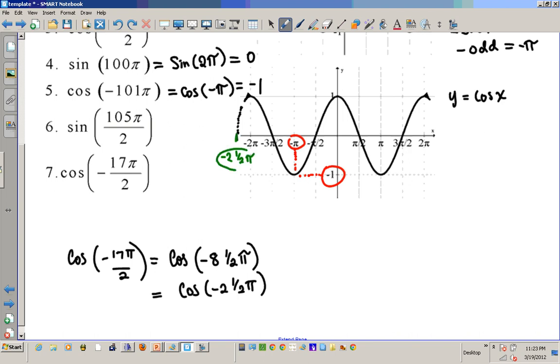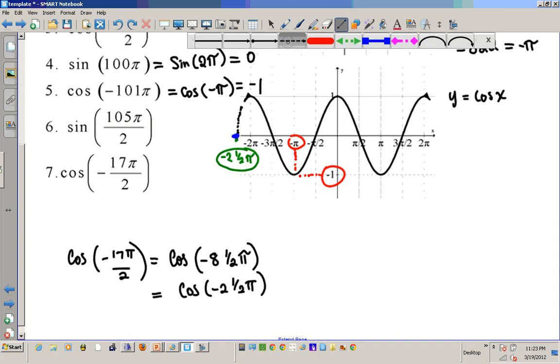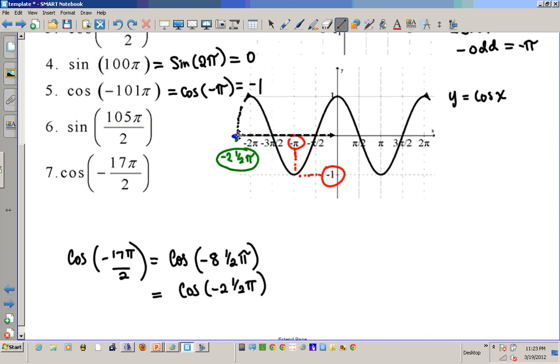If this is the input, what is our output going to be? We're going to go from x to the graph to the y. But guess what? We are already on the graph, right? The graph and the x-intercept, so we don't go up or down, we stay, and just trace our path to the y-axis. And what is our output going to be here? Our output is simply 0. Okay? So for this one, it's going to be 0.